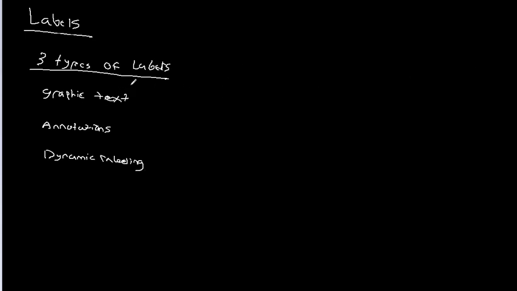So first we have graphic text. Graphic text, fundamentally, is just a text box. This is no different to when we used a text box to add titles and reference text. It's that same approach.